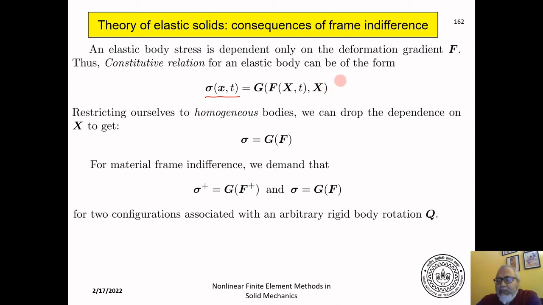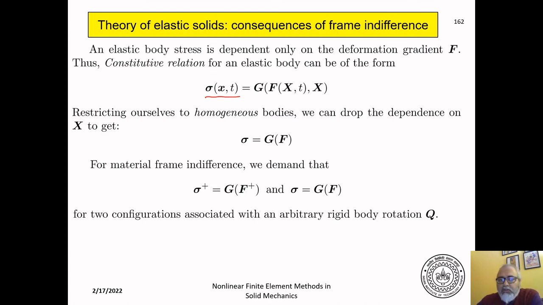Now it can additionally depend on temperature, but temperature being a scalar does not have much consequence on the idea of frame indifference. So we will take an isothermal situation right now.